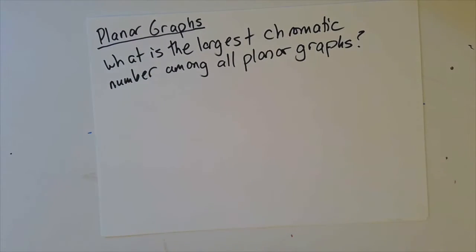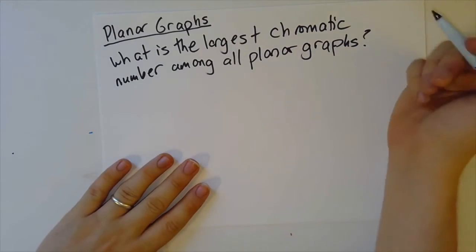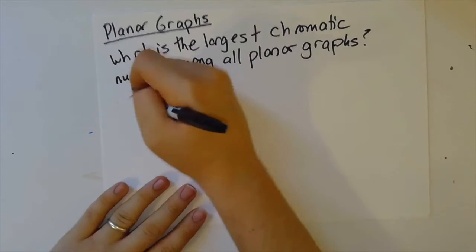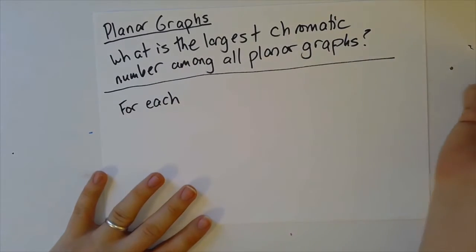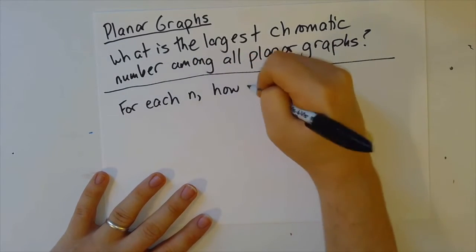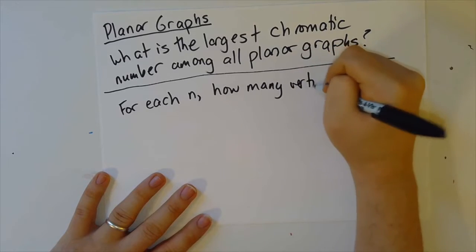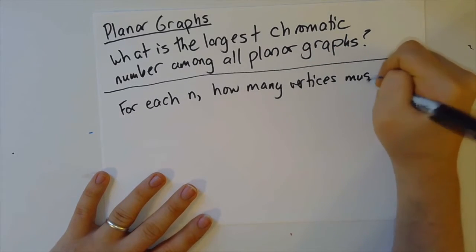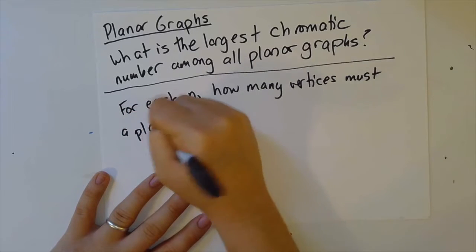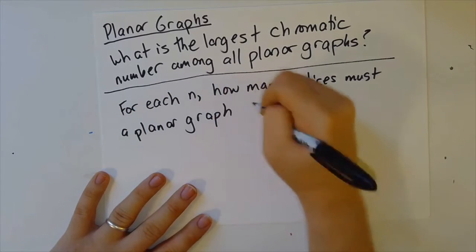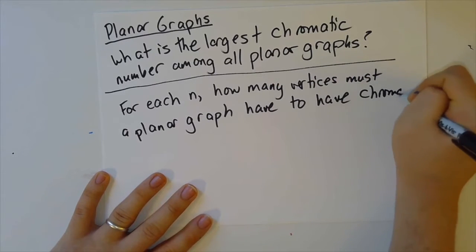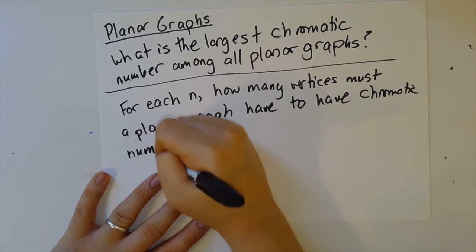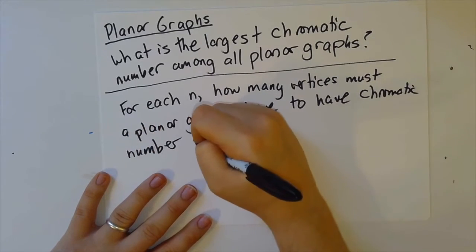Okay, so I want to imagine here that we have a table, and I'm going to think about for each n, how many vertices must a planar graph have to have chromatic number n?